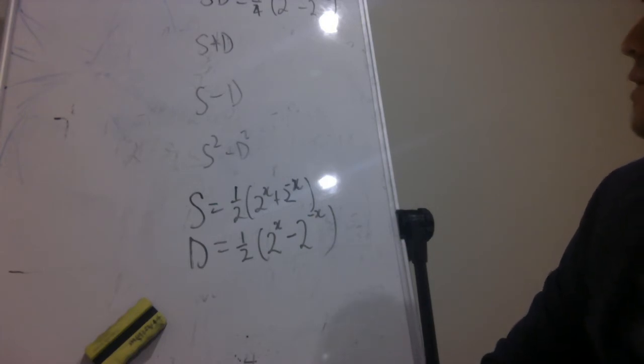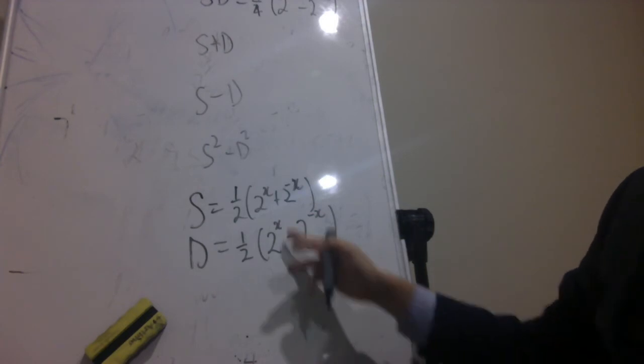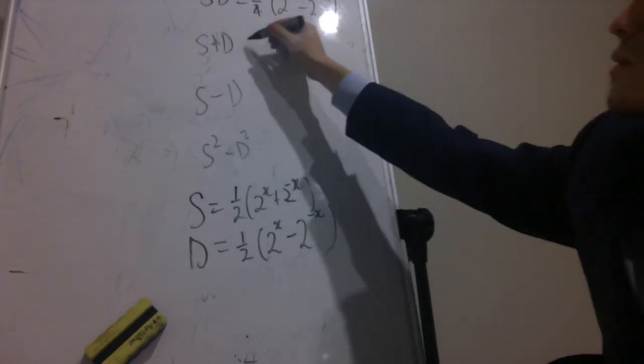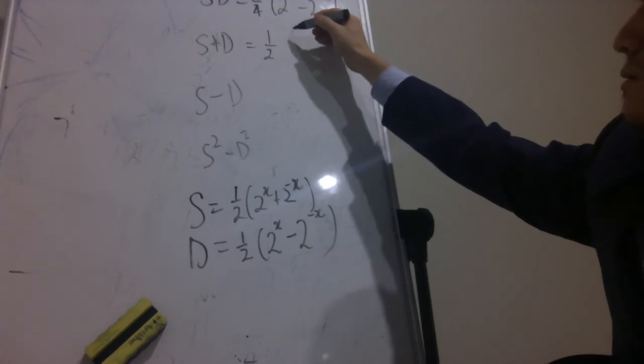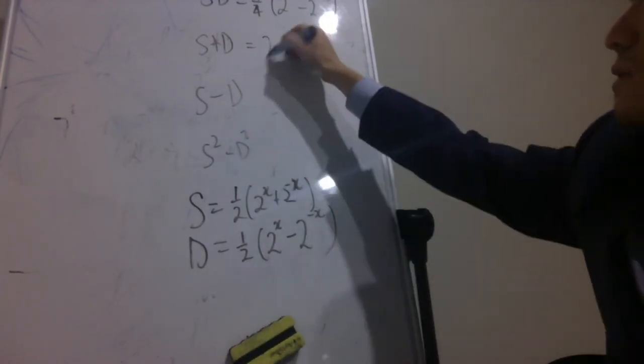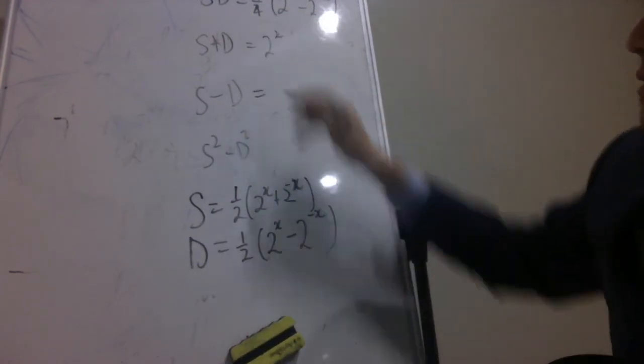S plus D has a nice thing because these cancel. You see what it is? Just 2 to the power of x. S minus D.